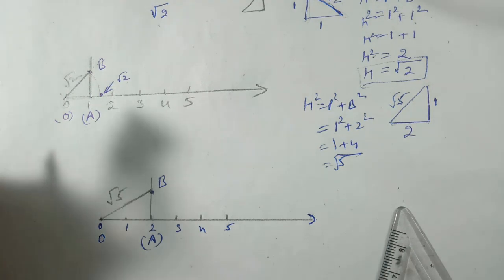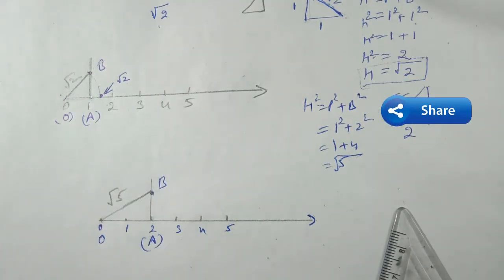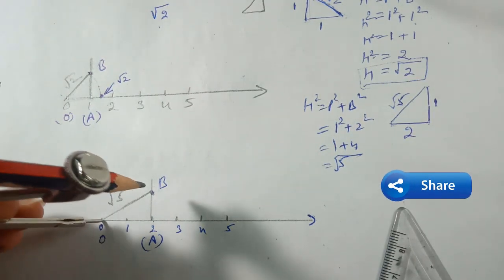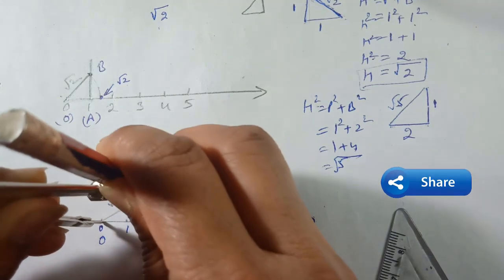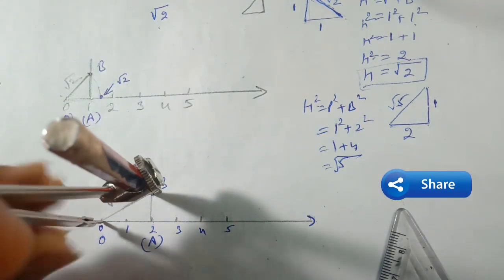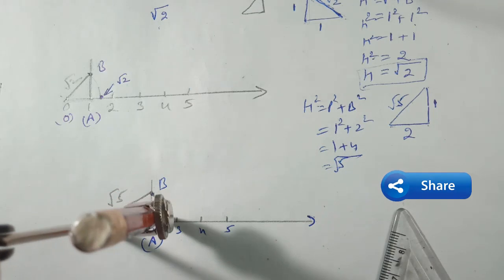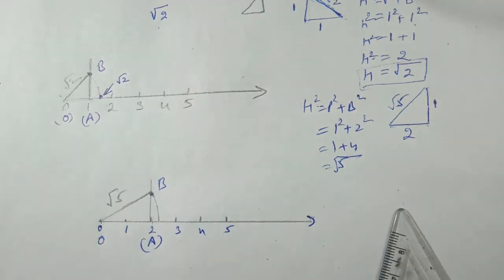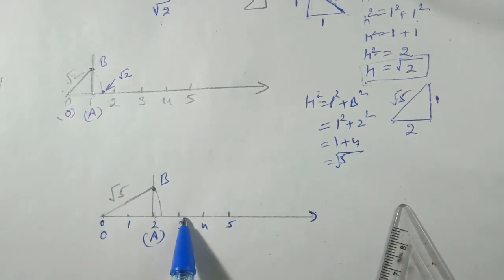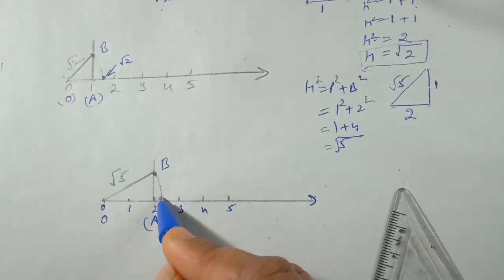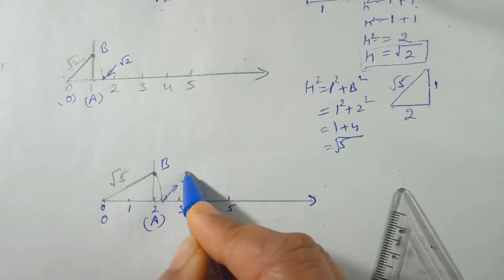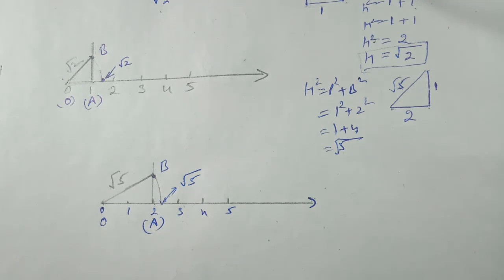So as we have done in the case of root 2, we have to take the measurement OB in the compass, and then drop it down on the number line. So it is somewhere between 2 and 3. So 2 point something will be its value. So this is root 5.